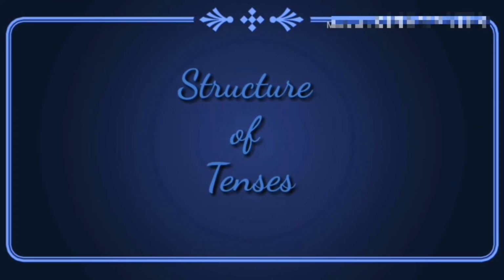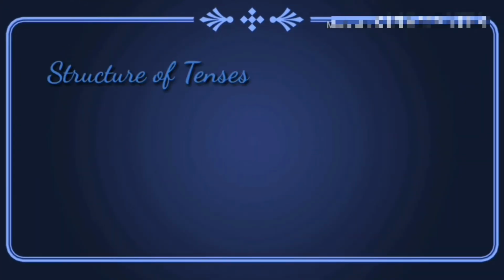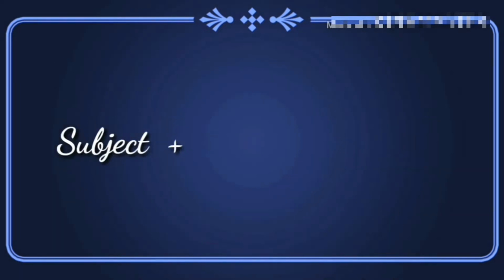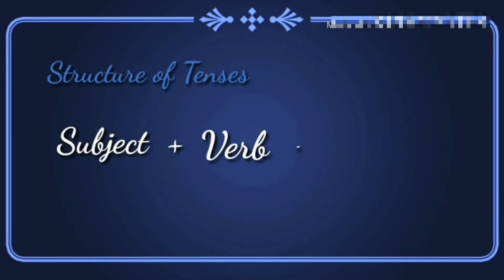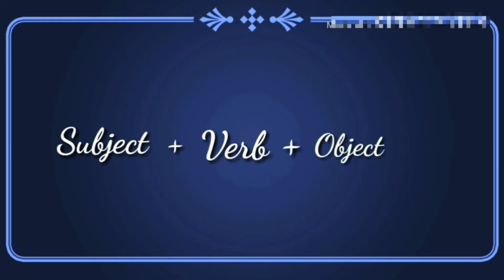So now, first comes the structure of tenses. The structure of tenses is formed of three different components: subject, verb, and object.